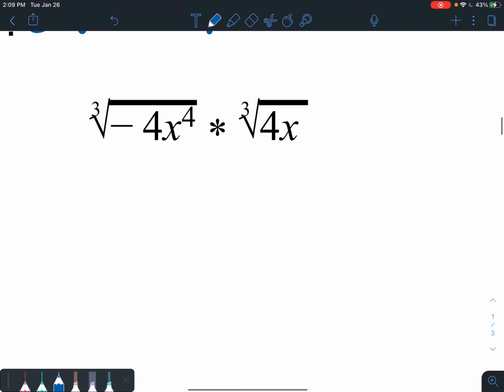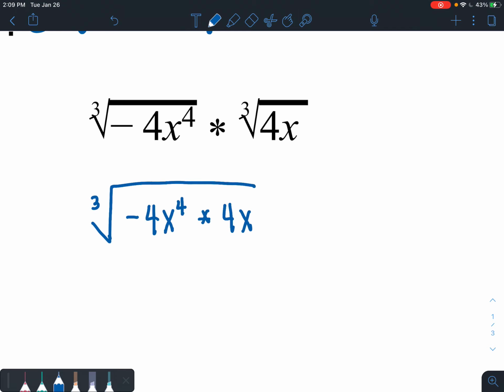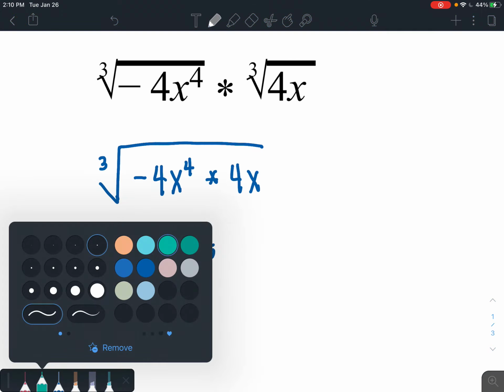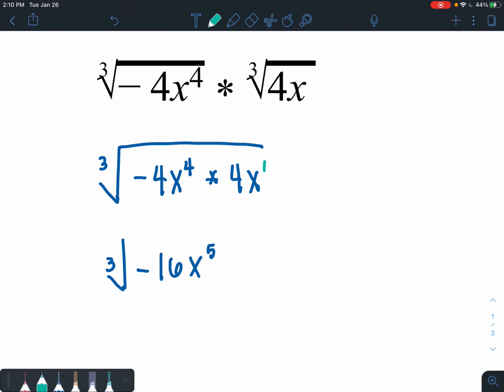All right, this next one here, take the cube root, negative 4 x to the 4th times 4x. So just multiplying what's underneath there. So we get cube root of negative 16 x to the 5th, because 4 plus 1 is 5.